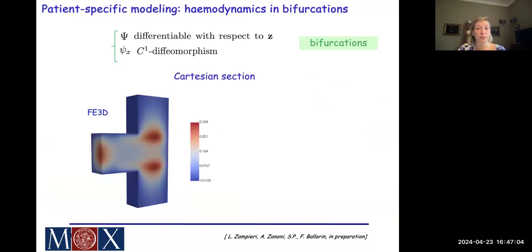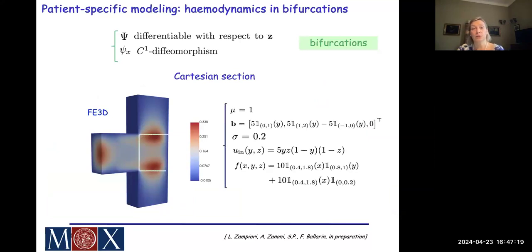And here you have some examples of the effectiveness of the proposed approach, starting from a benchmark configuration. So this is a Cartesian domain where here you have a collection of data characterizing the simulation. So we perform this cut.